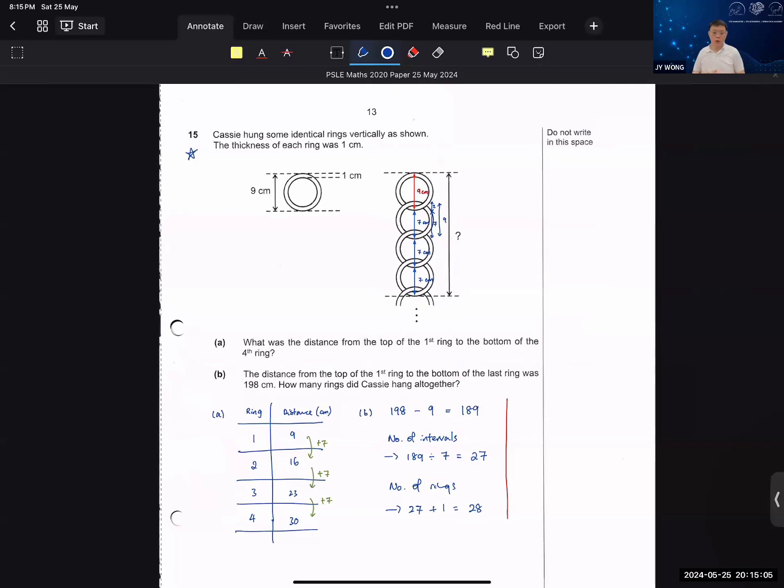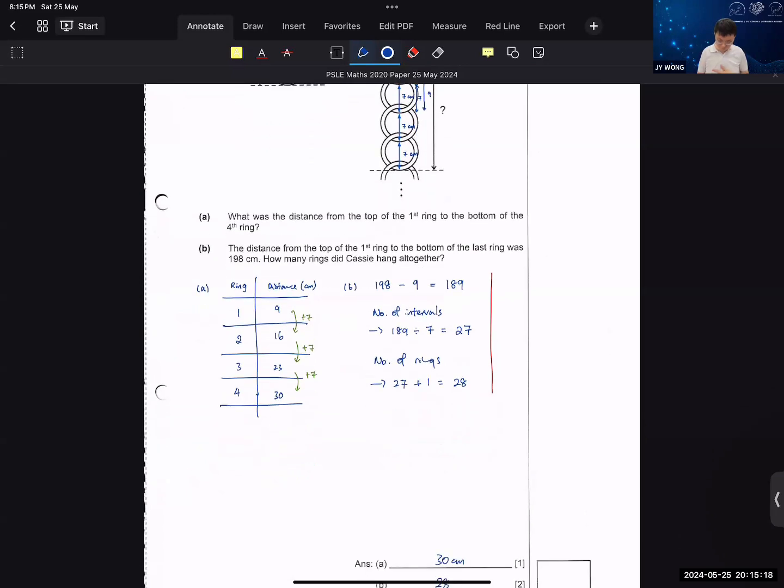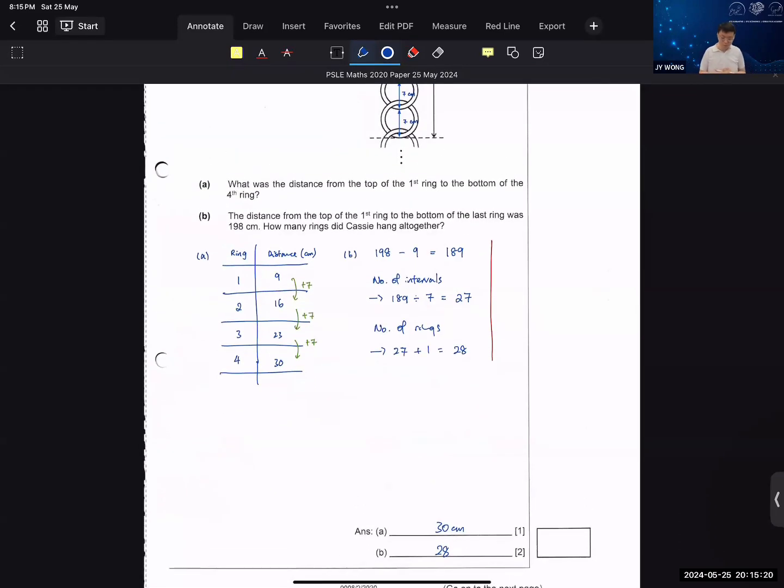So question 15, if you understand that it's a number pattern, it should be quite straightforward. I think the difficulty that students have is not understanding that this could be visualized as a number pattern question. If you did it in another method, it's fine.